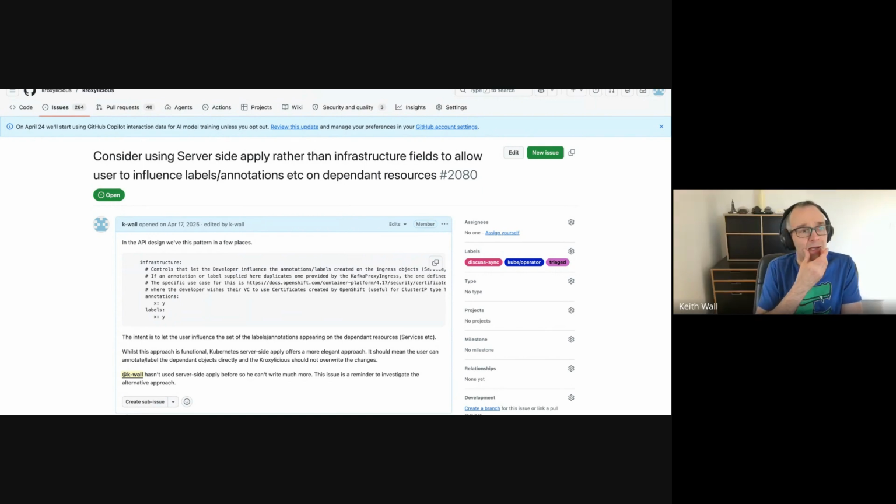Just a little bit more on that. The original idea of us adopting server-side apply was to try and avoid a pattern that some of us had seen in other projects where there's this ever-ending drip feeding of fields.